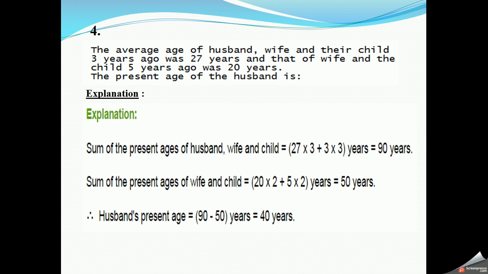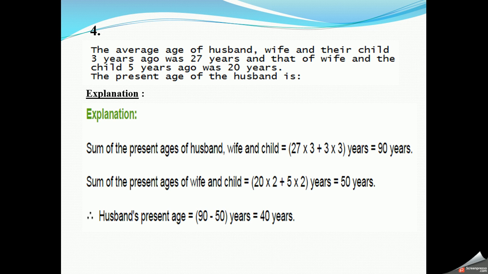Next problem: the average age of husband, wife and their child 3 years ago was 27 years, and that of wife and child 5 years ago was 20 years. The present age of the husband is? The statement says the average age of husband, wife and child 3 years ago was 27, so the overall age of 3 years ago equals 27 multiplied by 3.